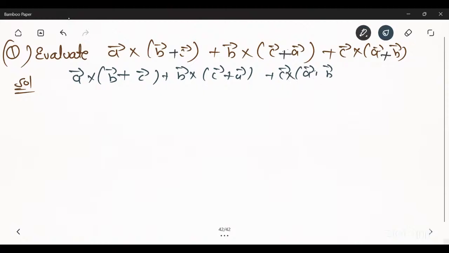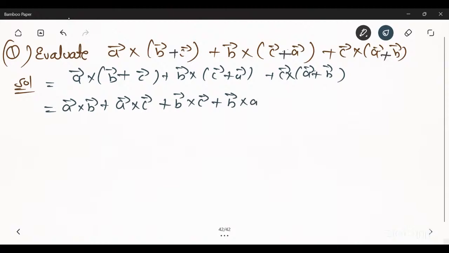Now multiply inside. So A cross B plus A cross C. In the second part, the cross product is also distributive, so B cross C plus B cross A. In the last part, C cross A plus C cross B.